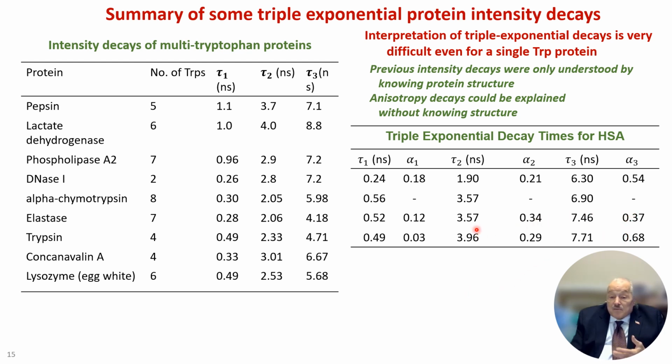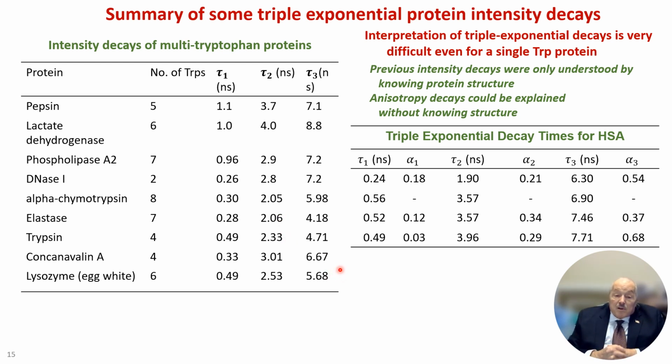You'll always notice for this single tryptophan, human serum albumin protein, there is always a short lifetime, a fraction of a nanosecond, another one on an average of 2 nanoseconds, and another one on an average of 6 nanoseconds. If you look at a number of multi-tryptophan proteins, you find the same answer: a short lifetime, an intermediate lifetime, and a long lifetime.